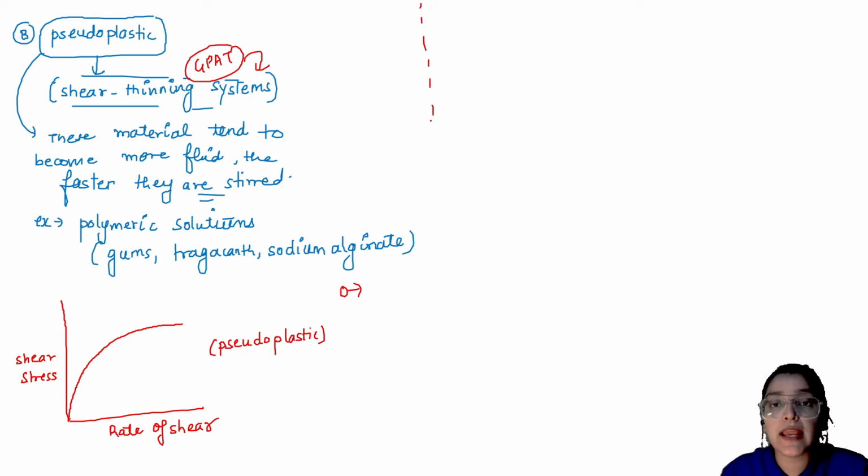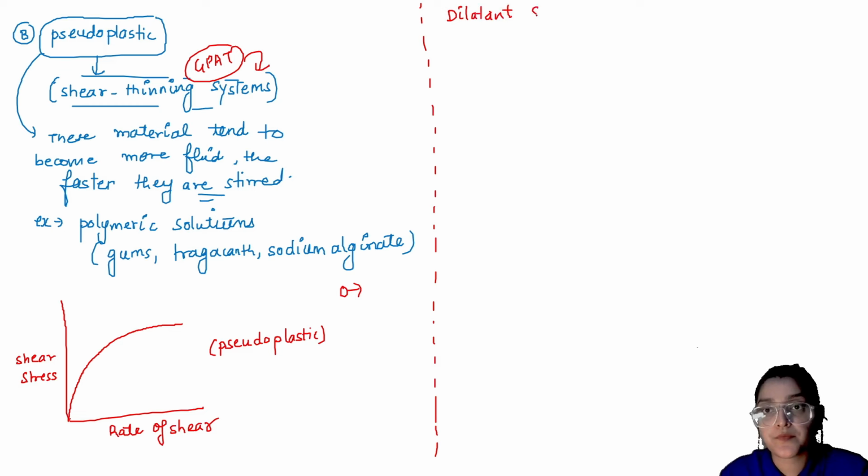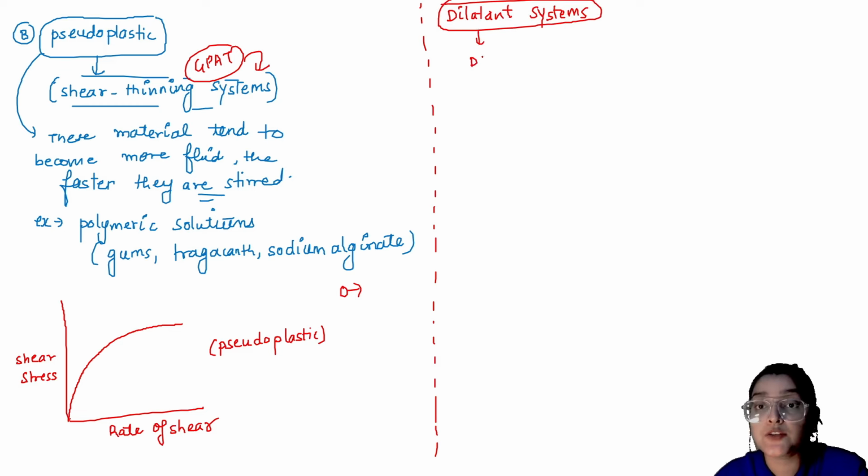Now the third type of systems that we are going to discuss is the dilatant systems. Okay, students, as the word suggests, dilatant means they are going to dilate, they are going to expand, they are going to increase in their volumes.